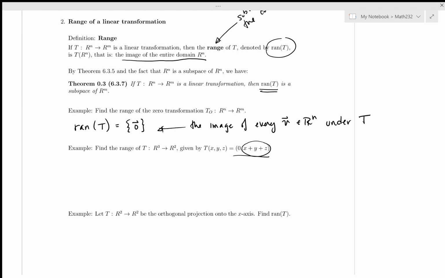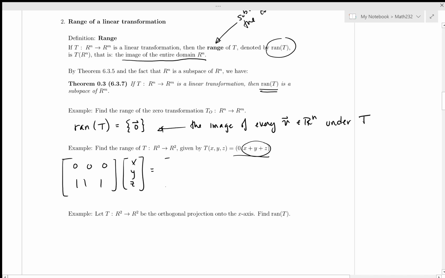Let's just write our transformation this way. We've got this matrix 0, 0, 0, 1, 1, 1, and we multiply it by x, y, z. We see that we get 0 and x plus y plus z. I'm thinking of all possible inputs here, that's R3. And then what do I get out? I'm going to get out things that are 0, and then I will be able to get every possible number here.